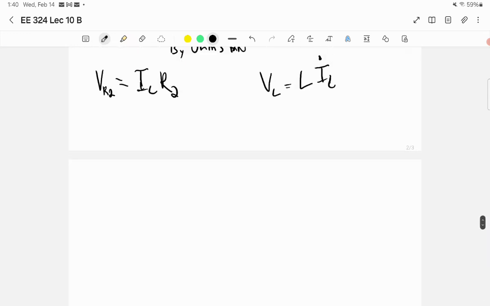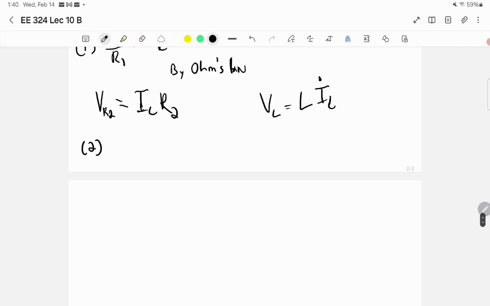So using those two facts, I can write equation 2 as follows.